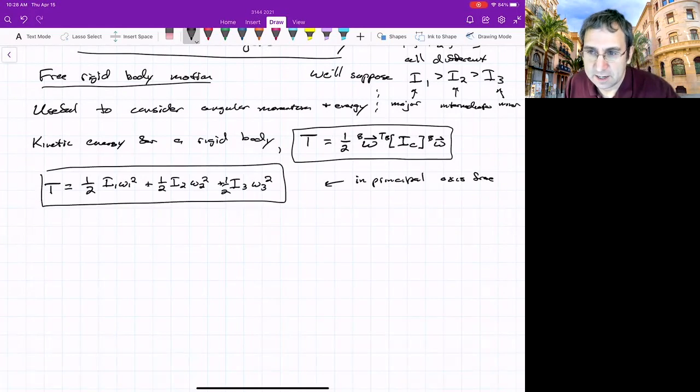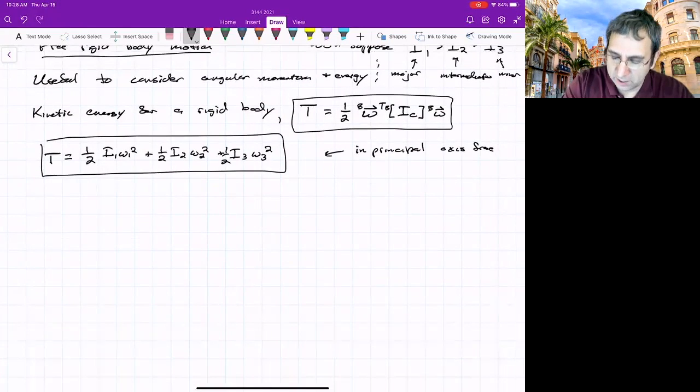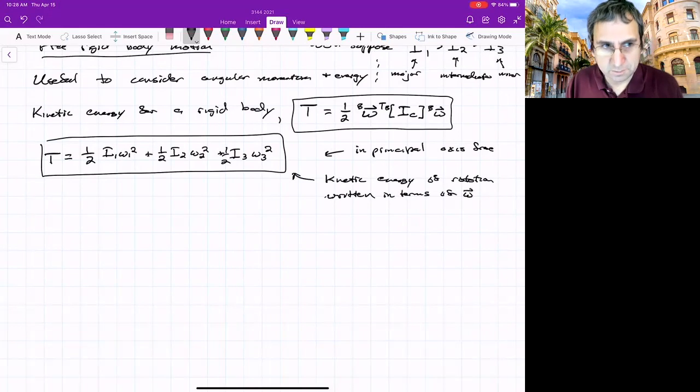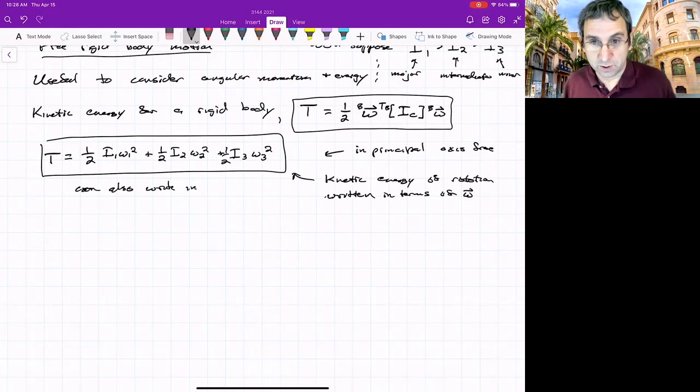So it looks pretty nice, but we want to write everything in terms of angular momentum. This is the kinetic energy of rotation written in terms of omega, the angular velocity, but we could write it in terms of angular momentum. That'll be more useful for our purposes.